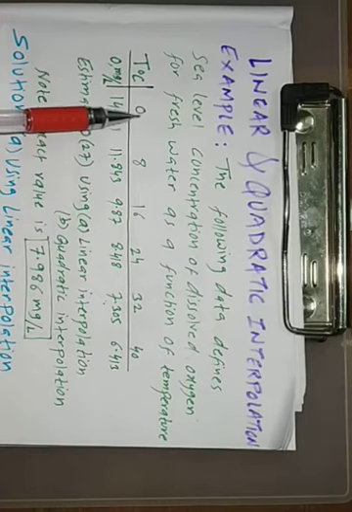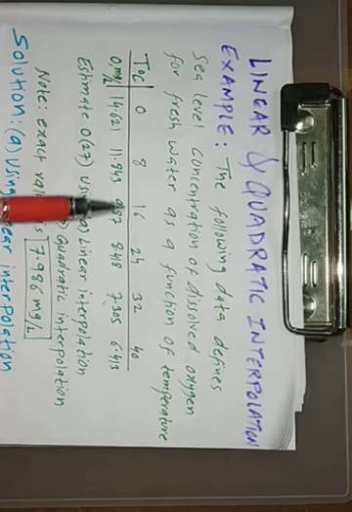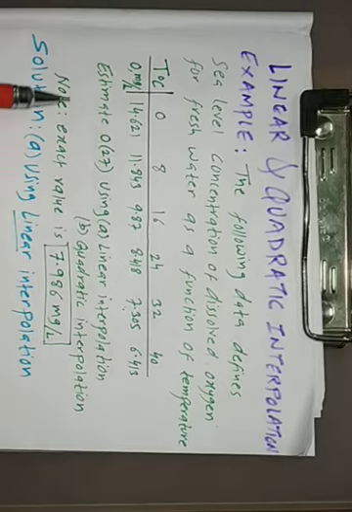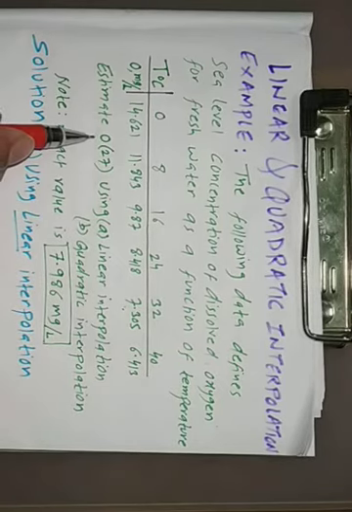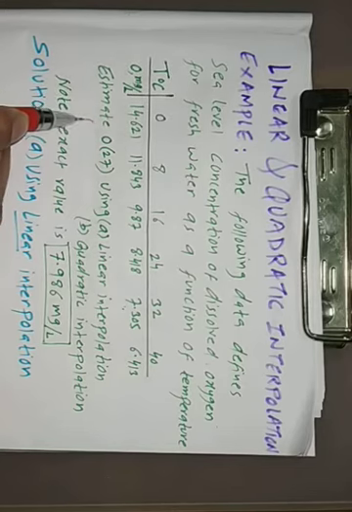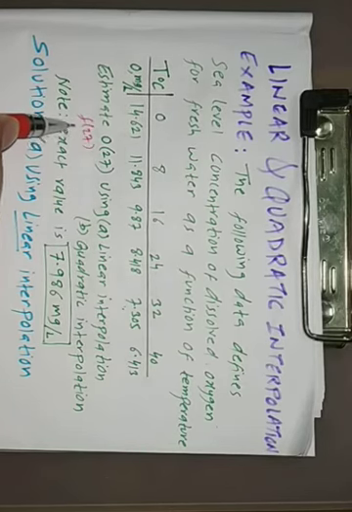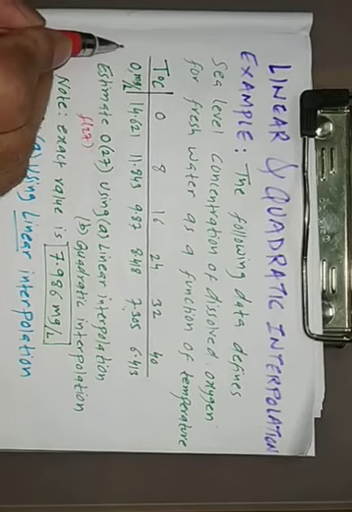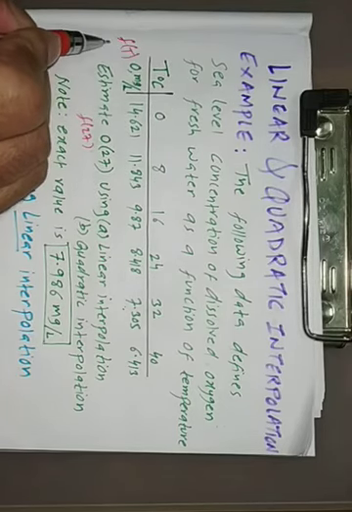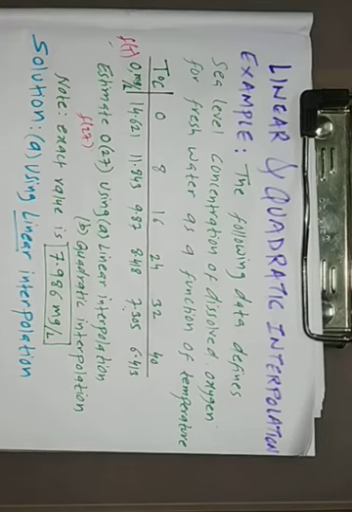So at 0 degree it is 14.62, and like that at 40 degree it is 6.413. So estimate oxygen at temperature 27, means f of 27 is to be found out, because this O is a function of temperature.